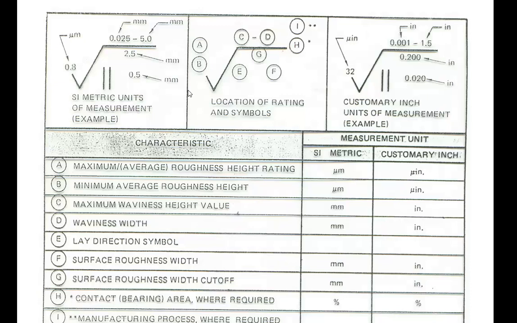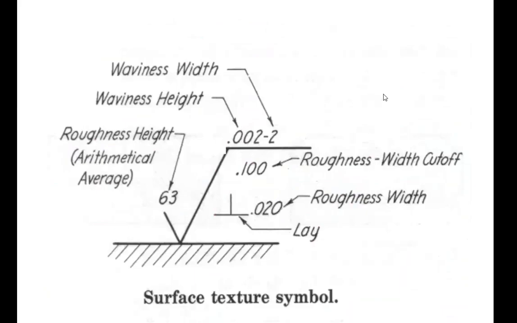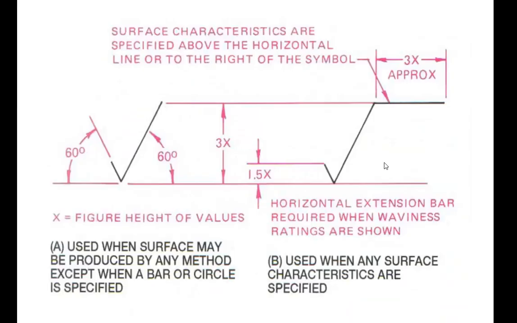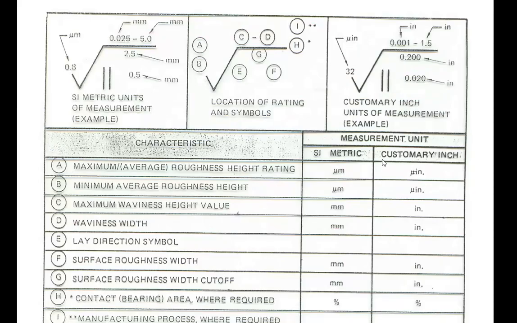If the quadrant is the third quadrant projection, then the roughness height is written in microinch, and the other numbers, such as the roughness width cutoff value, are written in inch.